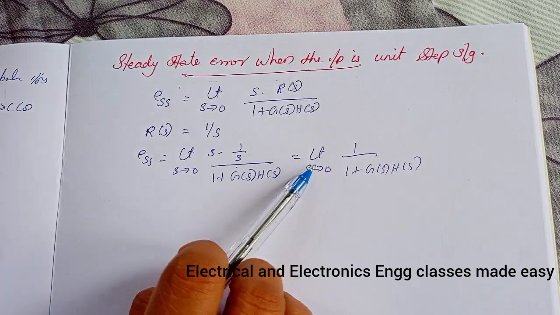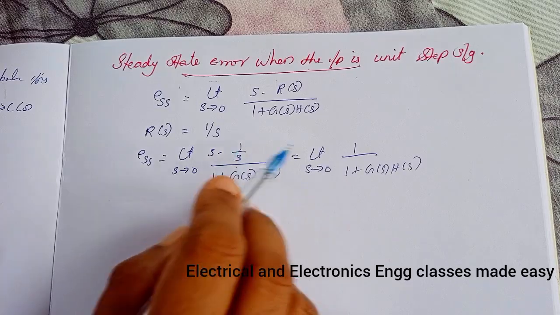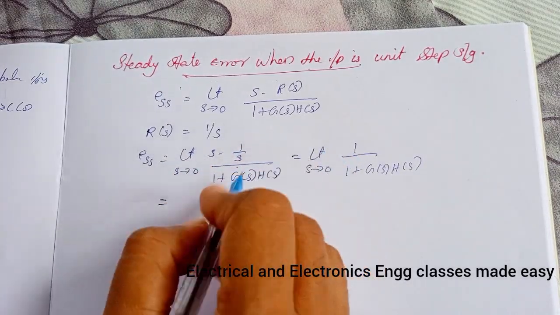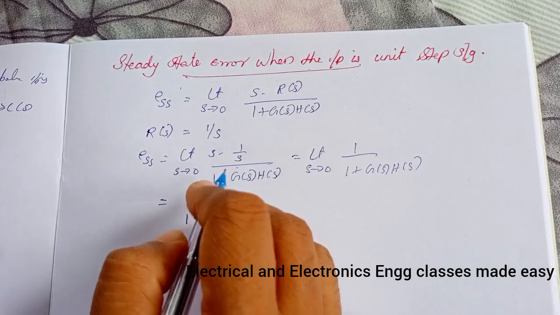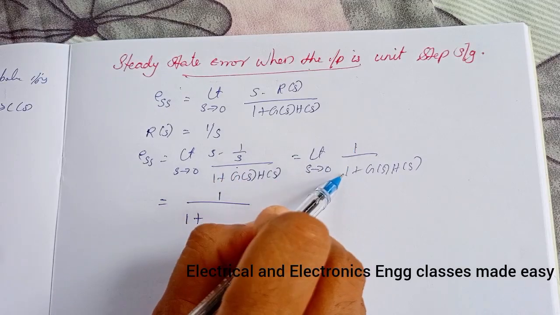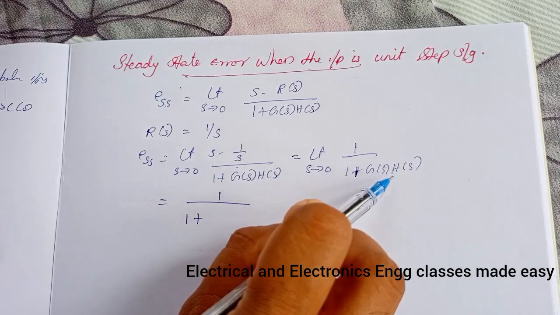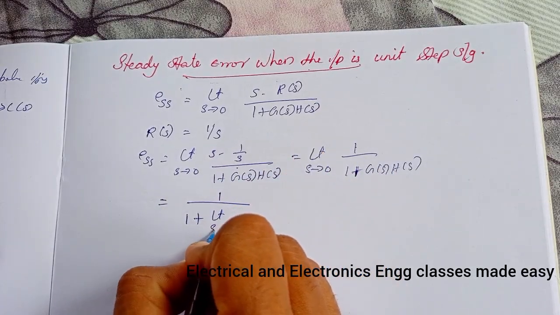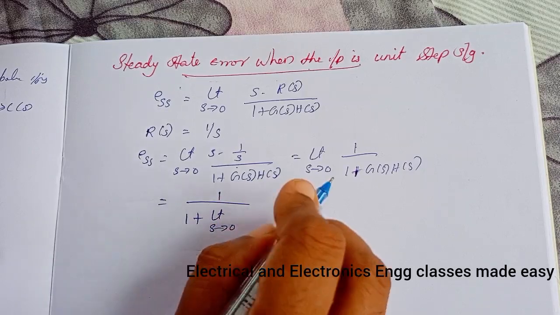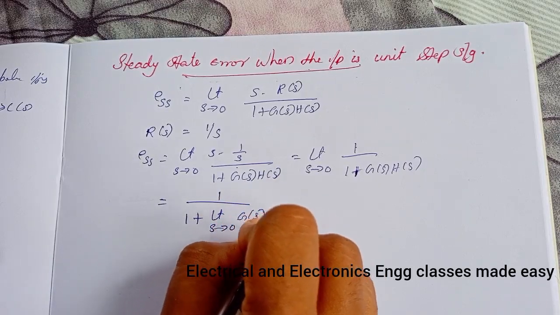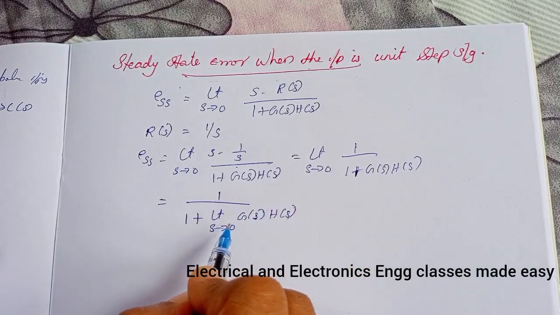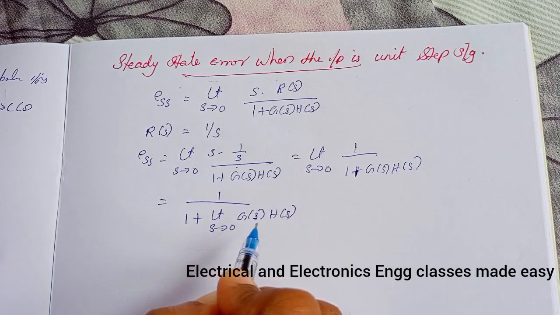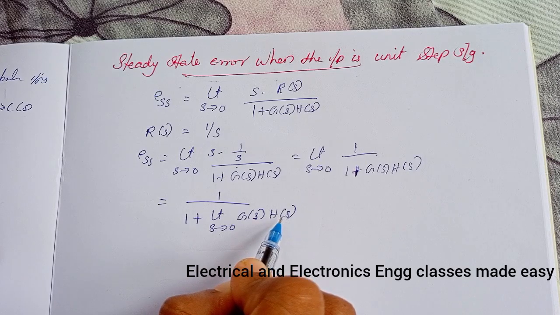Here we can apply this limit to these terms, and we get 1 divided by 1 plus limit s tends to 0 of G(s)H(s), because there are no other s terms. And limit s tends to 0 of G(s)H(s) is what we have already defined as the positional error constant Kp.